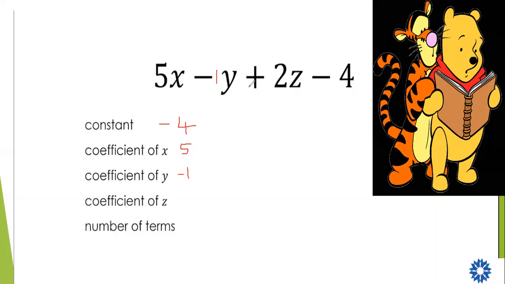Coefficient of z is 2. Number of terms: how many terms are there? 1, 2, 3, 4. Total there are 4 terms. I repeat, constant minus 4. Coefficient of x is 5. Coefficient of y is minus 1. Coefficient of z is 2. Number of terms is 4.